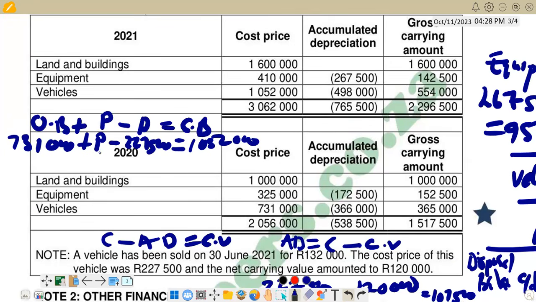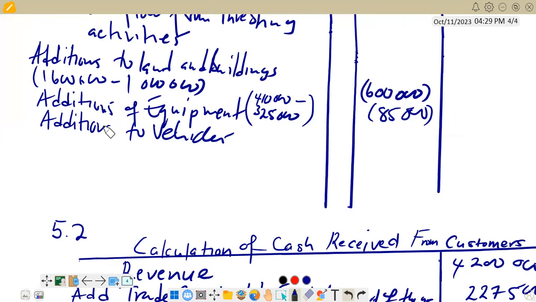So if you make P the subject of the formula for purchase, we are going to say 1,052,000. We add, this one comes here and becomes a positive. This one comes here and becomes a negative. So we can go and summarize that working there. Right, we are now here.